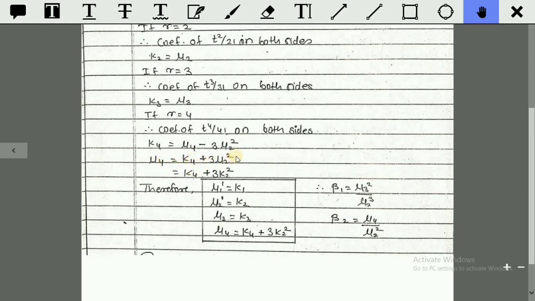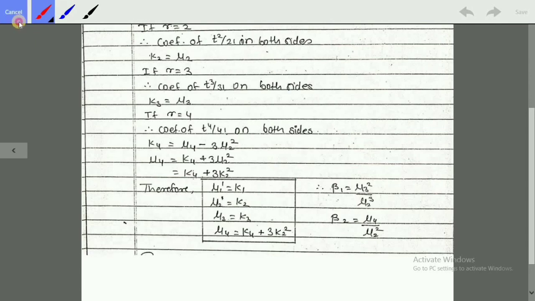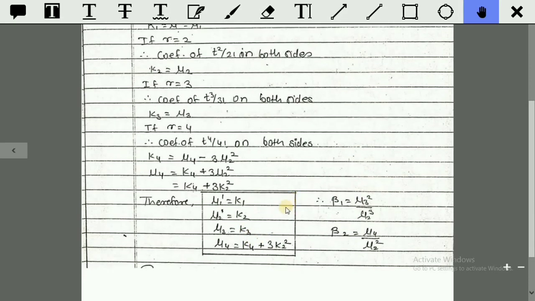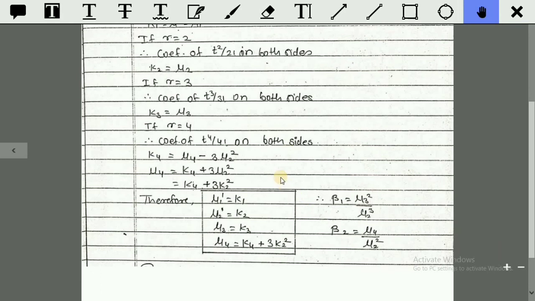So mu 4 is equal to k4 plus 3 mu 2 square, and we know that mu 2 is k2, so mu 4 is equal to k4 plus 3 k2 square. Therefore, we got the values of k1, k2, k3 and k4. So this is the result.